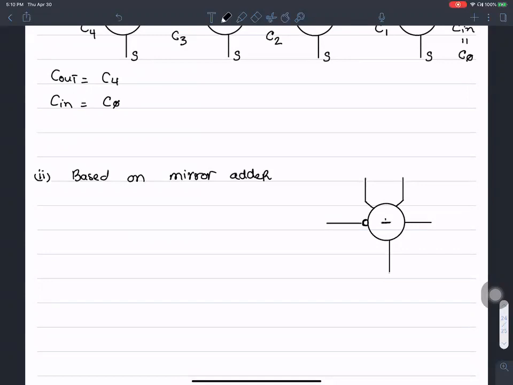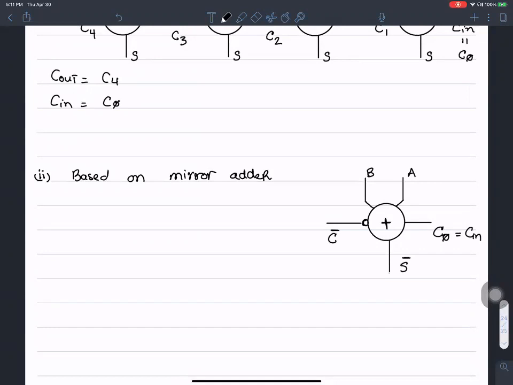So here is the adder. This is the A input and B input. What you want to remember is that you have sum complement and carry complement coming out of this stage, as long as I'm inputting C0 as the carry in.